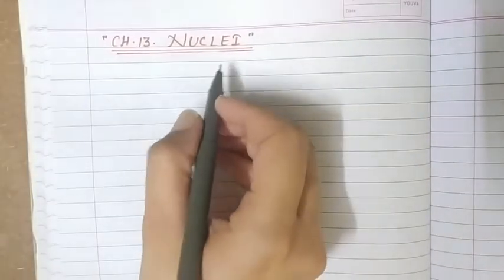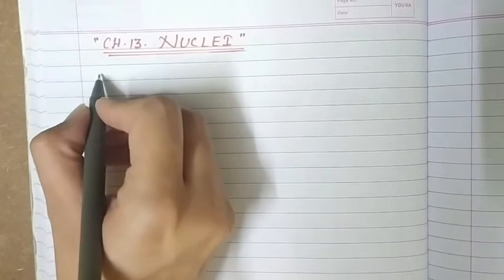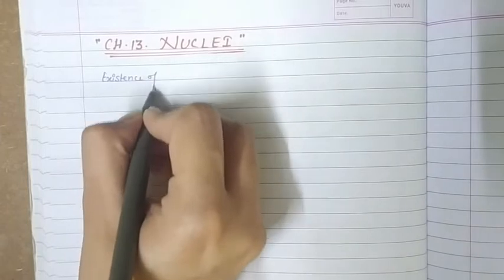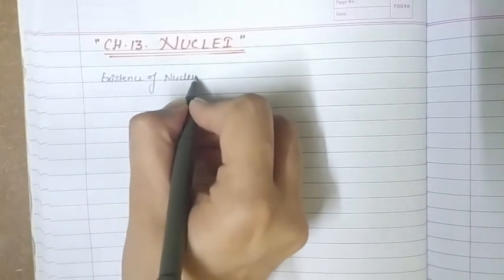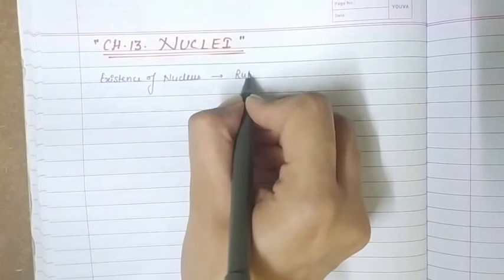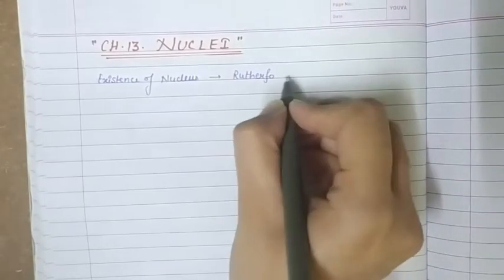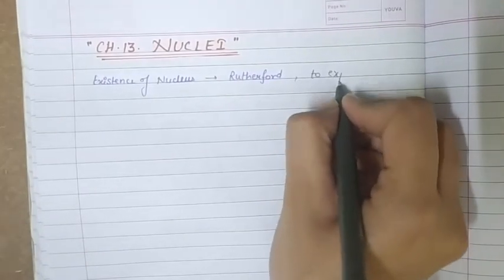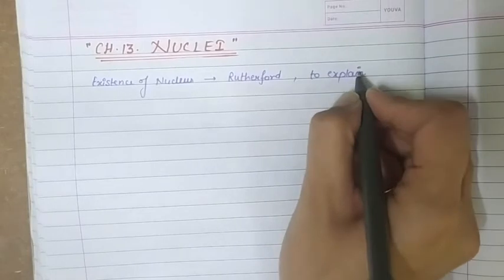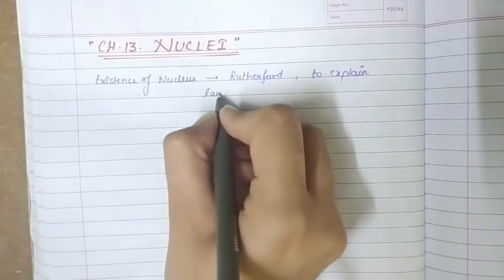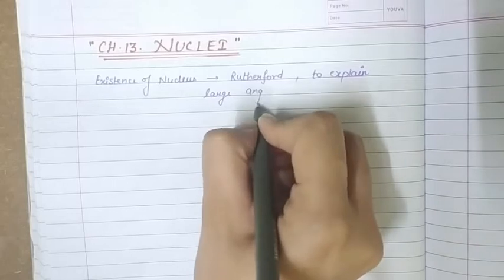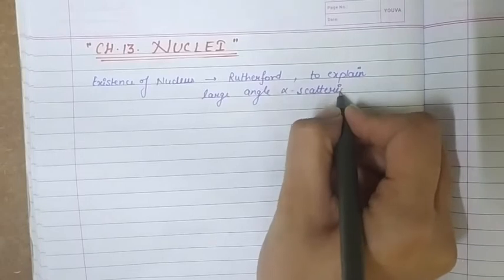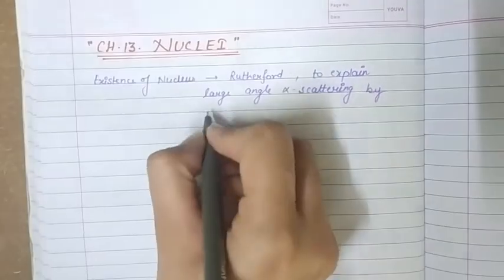So first of all, the idea of existence of nucleus. The existence of nucleus at the center region of atom was first given by Rutherford in the postulates of Rutherford atomic model. The reason for this is to explain large angle alpha scattering by thin metal foils.